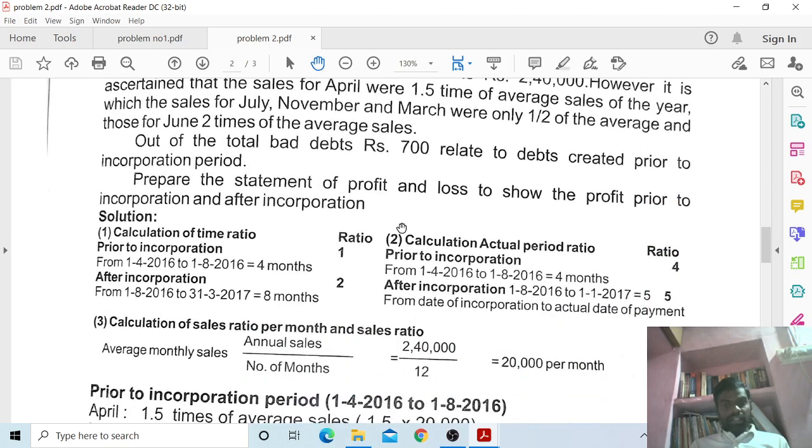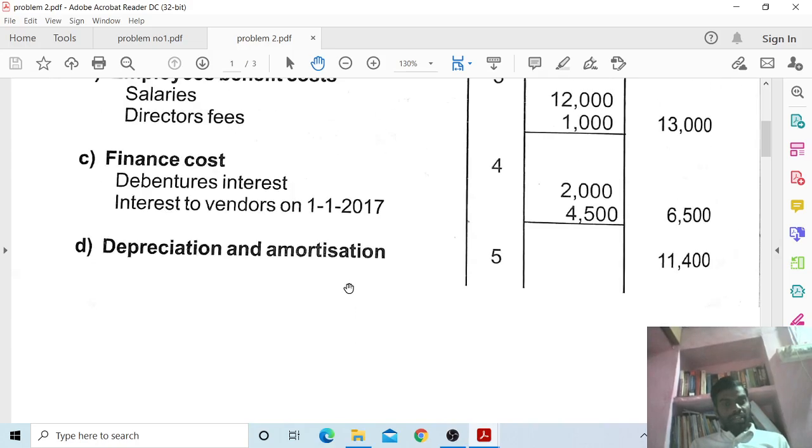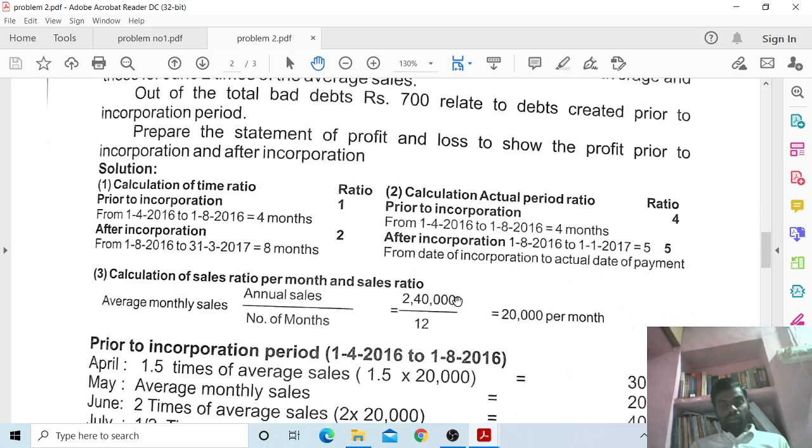Next, calculation of actual ratio, the actual period ratio. First, the prior incorporation period is 4 months, from 1/4/2016 to 1/8/2016. Next, the after incorporation period, from 1/8/2016 to the interest to vendors date, 1/1/2017: August, September, October, November, December.